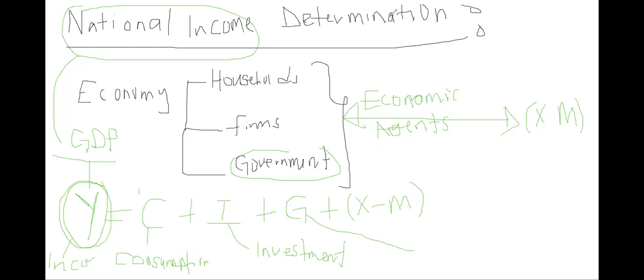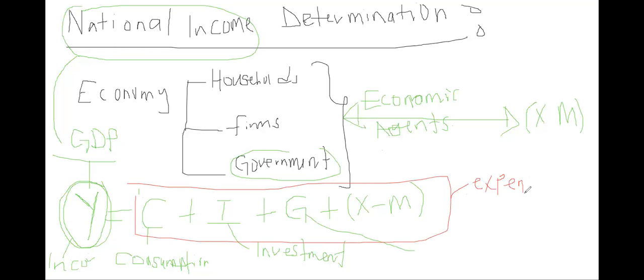But the other side of the equation, we just call it expenditure. The expenditure side. What this equation is telling you is that national income should equal total expenditure. At the individual level, your income should equal your expenditure.